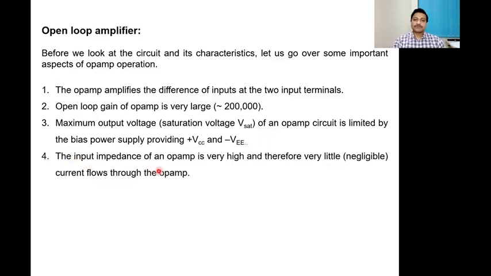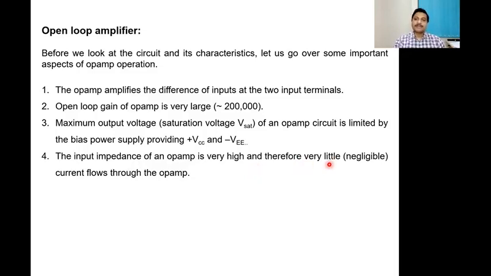The input impedance of an operational amplifier is again very high. Ideally it is infinite, but for the 741 it would be of the order of a few mega ohms. Subsequently, therefore, very little or negligible current flows through the operational amplifier. So look at this point very carefully and remember it while analyzing the circuits.